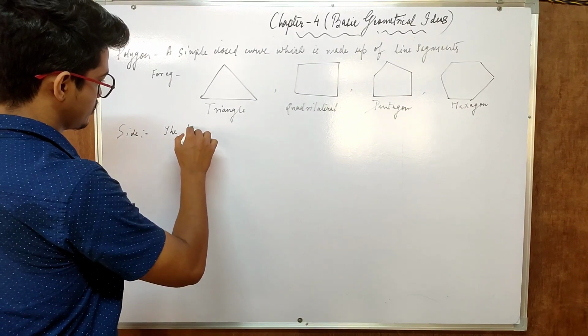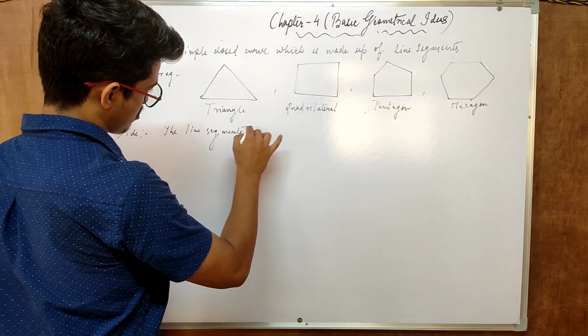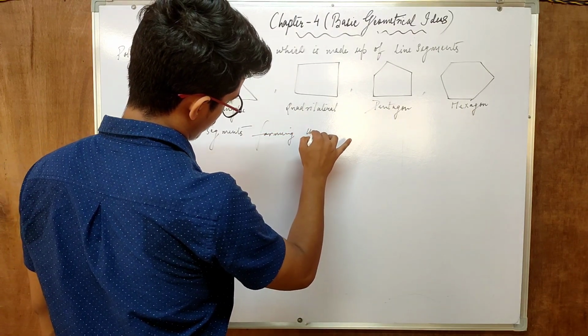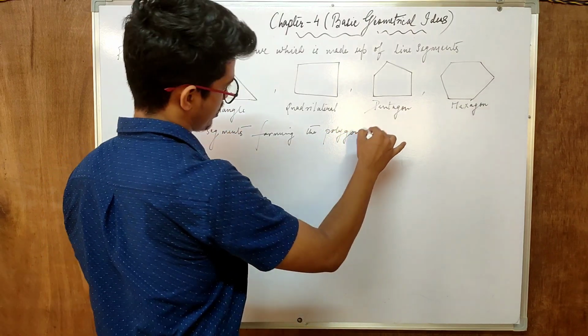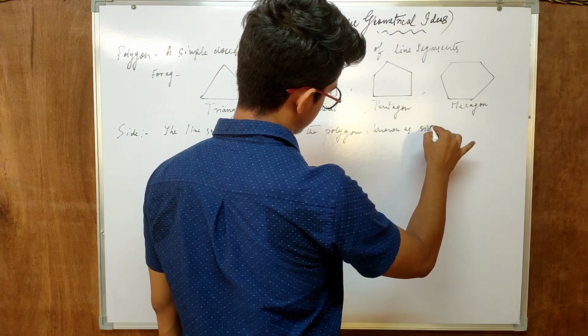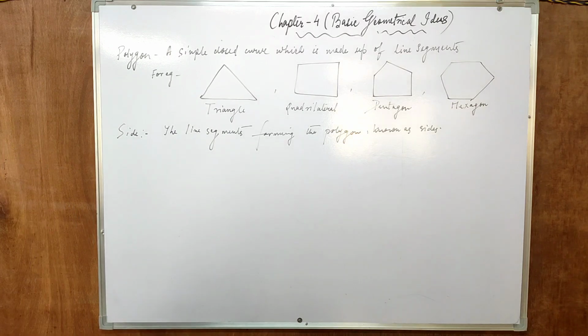So the line segments forming the polygon are known as sides. Simple.